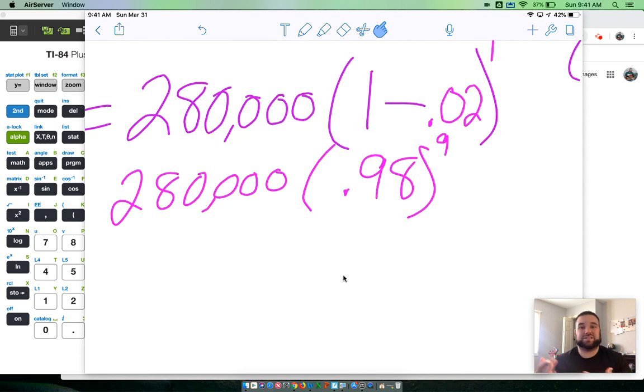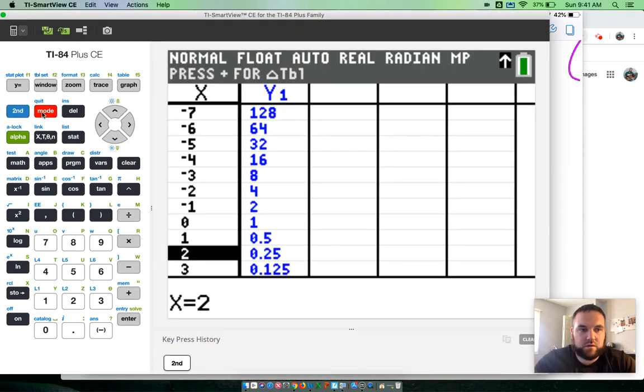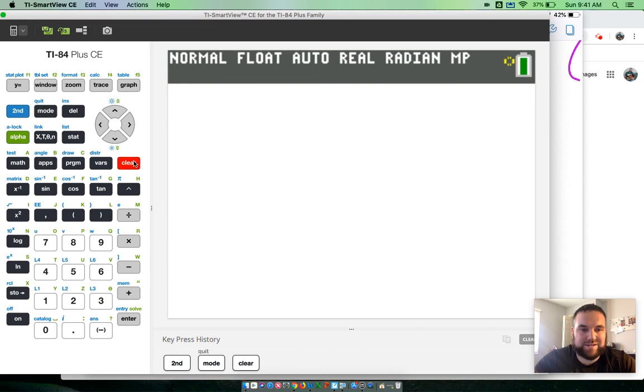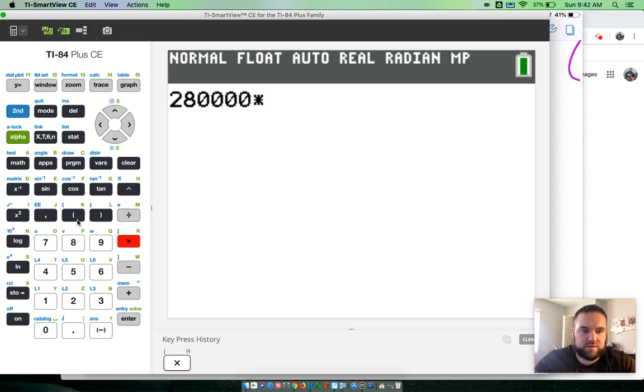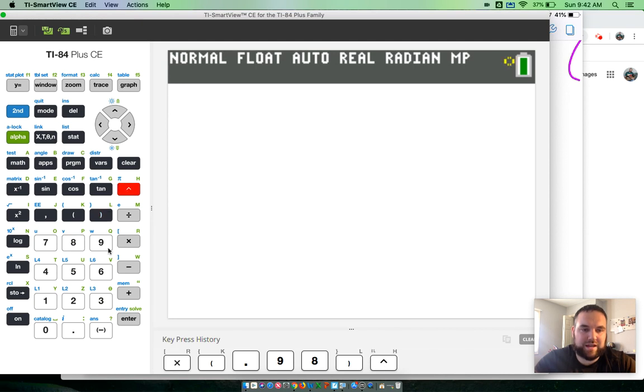The nice part about this is I'm just going to type that in the calculator exactly as that looks. So 280,000 times 0.98 to the 9th power.